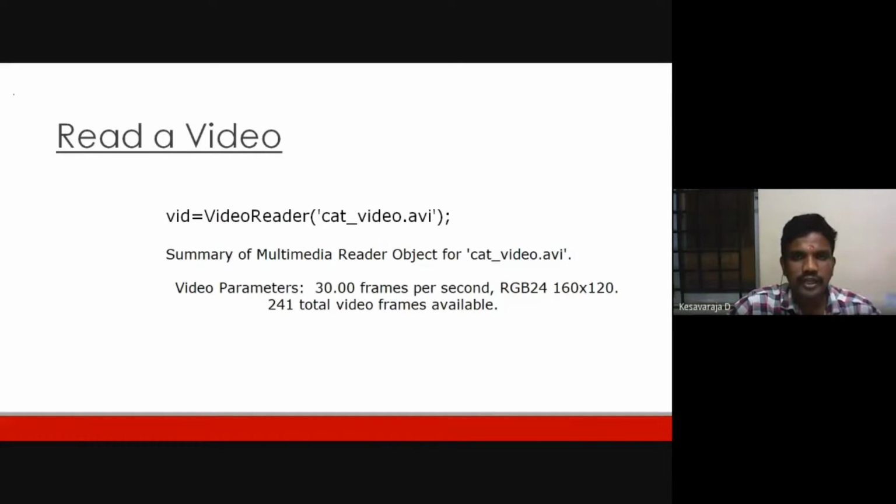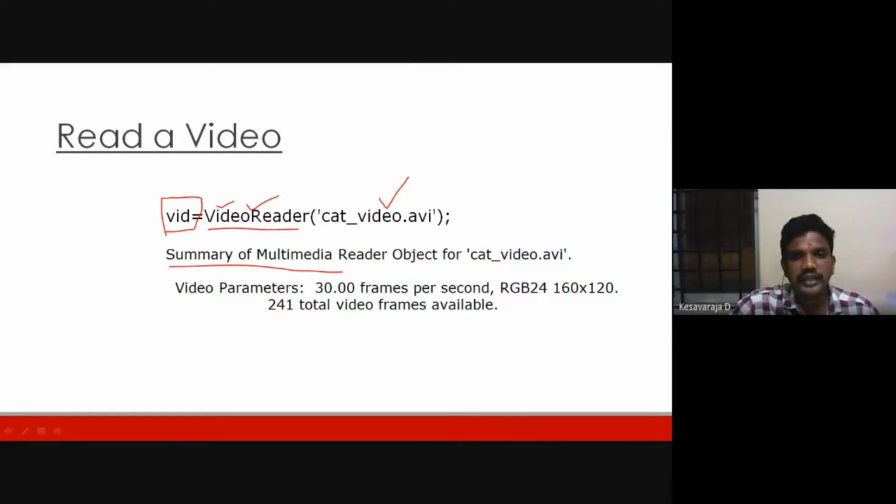So let's start with a very small demo, just a 3 or 4 line program. The first line of MATLAB code: the video handler, called VID, equals VideoReader of the name of the video, which extracts the summary of the multimedia reader.